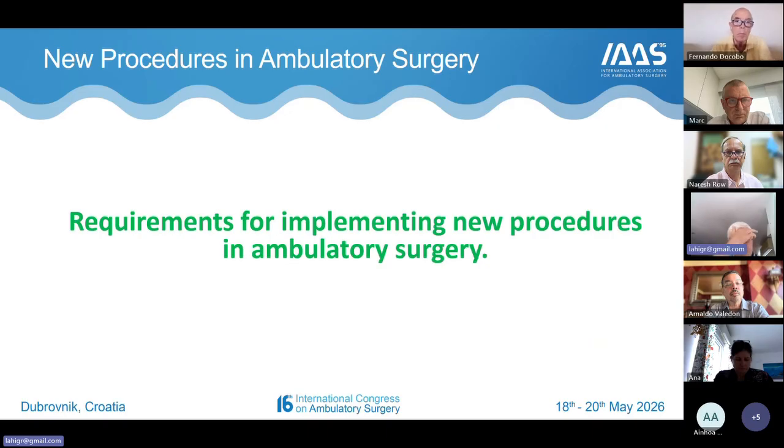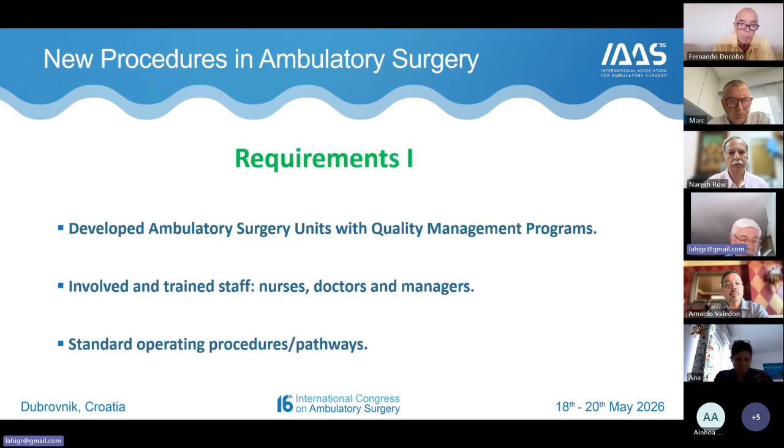Well, after that, let's look at the requirements for including new procedures. For including new procedures, we need fully developed ambulatory surgery units with quality management programs. We need involved and trained staff: nurses, doctors, and managers.